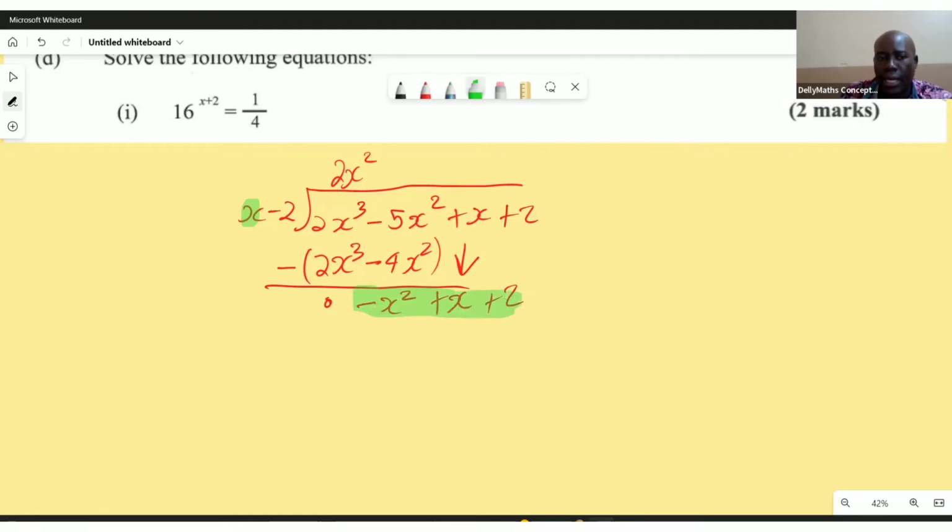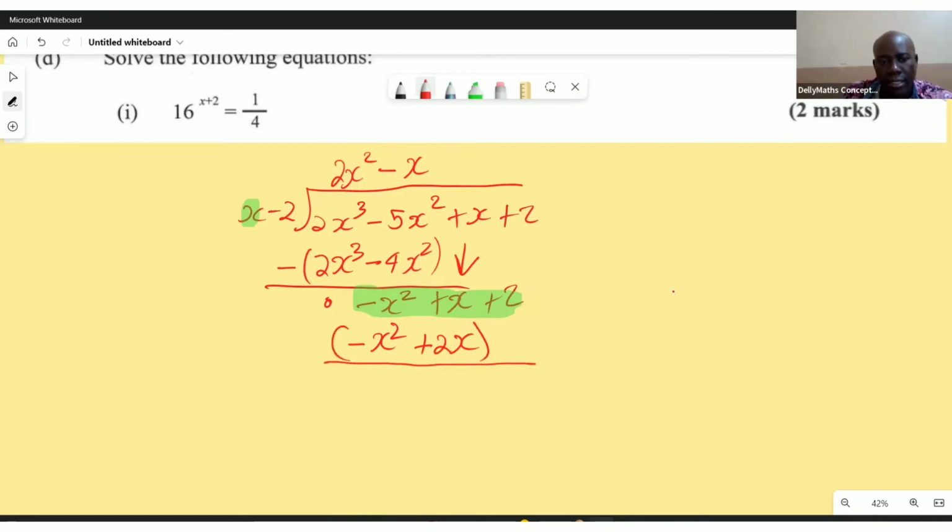We're still using the x, all right? So x into negative x squared, we're left with a negative x. Negative x times x will give me a negative x squared. Negative x times negative 2 will give me a positive 2x. And there we go.